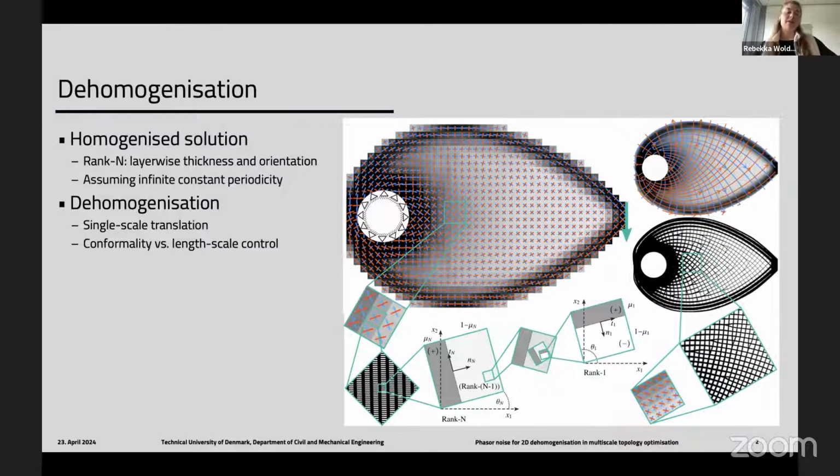The goal of the dehomogenization approach is then to obtain a single-scale interpretation of the solution while staying as true to the homogenization assumptions as possible, where one of the main challenges is this balance between conformality with respect to the orientational field and length scale control, and maintaining consistent unit cell sizes.